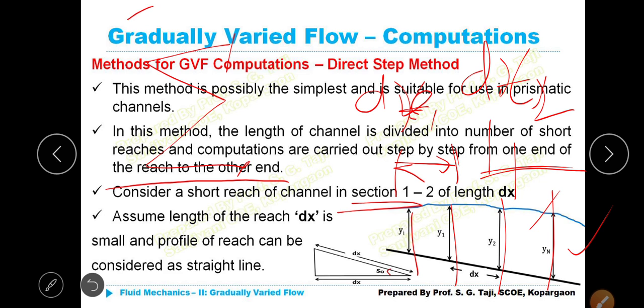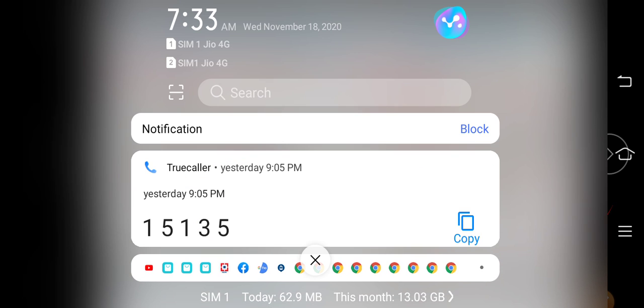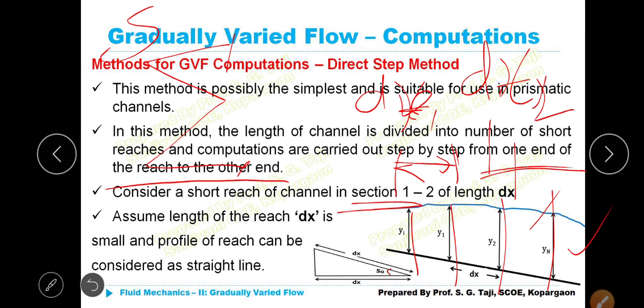This sigma means total summation. Total sum. Assume the length of the reach dx is small and the profile of the reach can be considered as a straight line. Unless we assume so, it is not quite possible to consider the profile as straight. Since dx is very, very small, let us assume it small. Then conveniently we can understand it is a straight line.